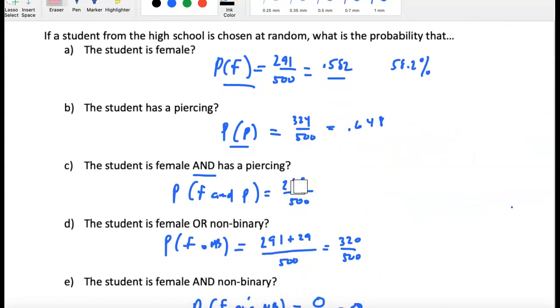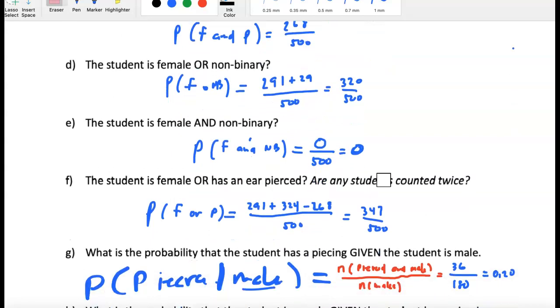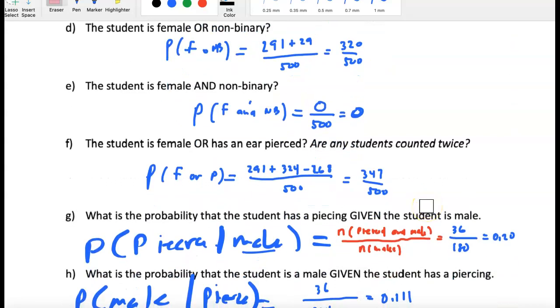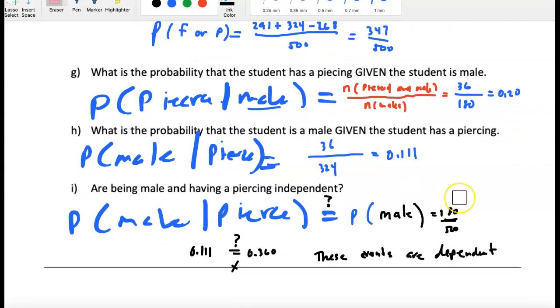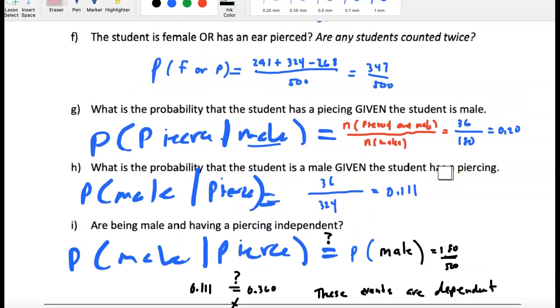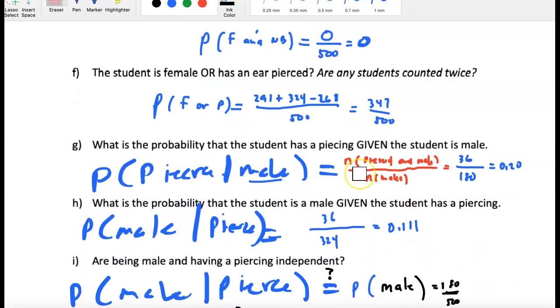Probability female, probability of piercing. So take a look at how we got these calculations. I'm not going to read through it. You have the answers, and go ahead and check those, as a good practice problem, to see if you can get the same answers. And notice, before I say goodbye on this, I'm using the counting method.